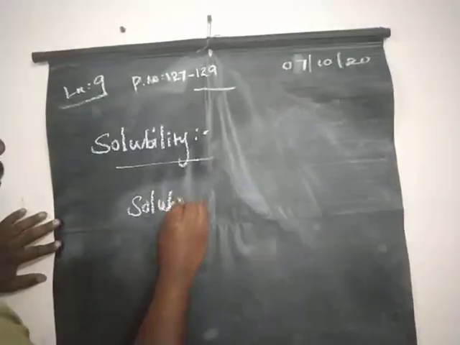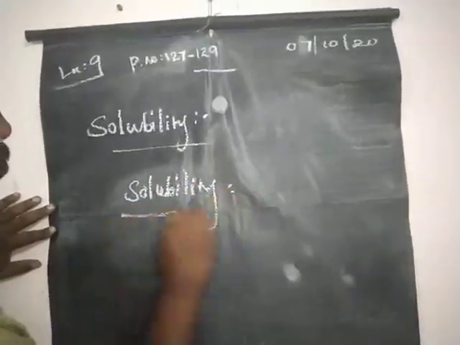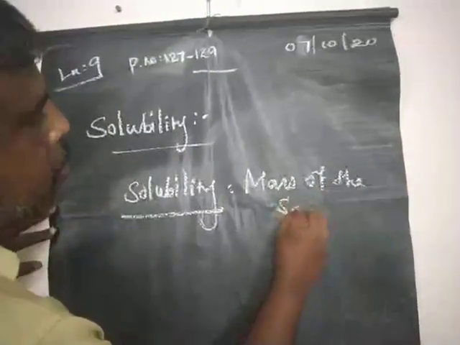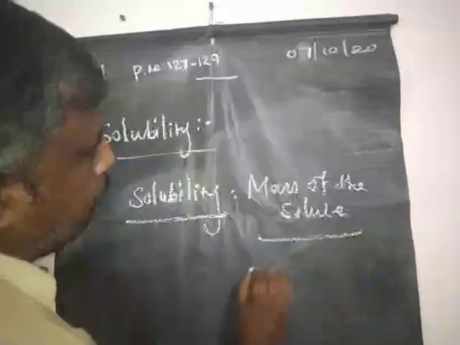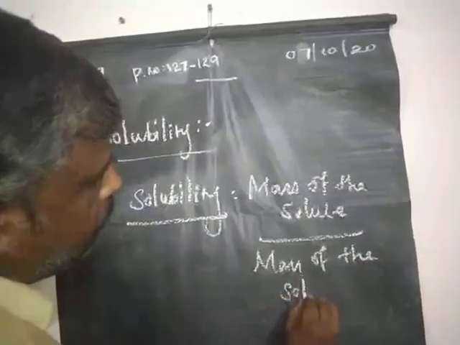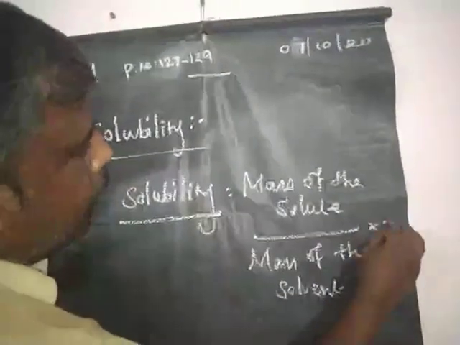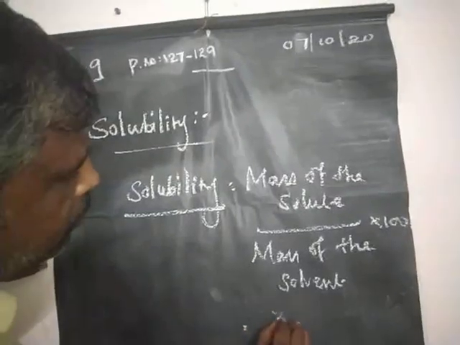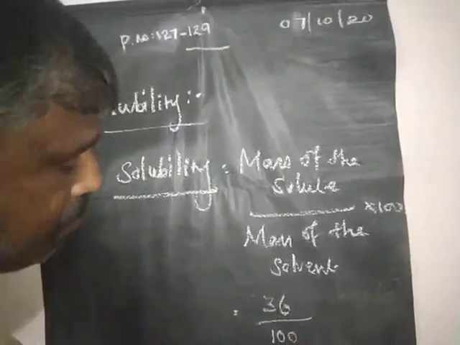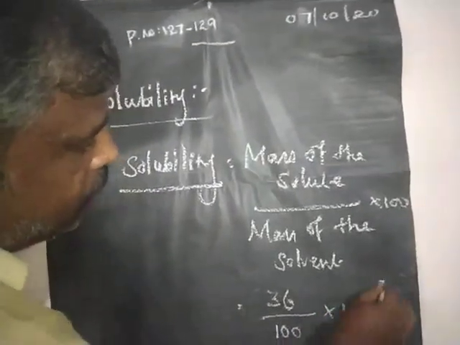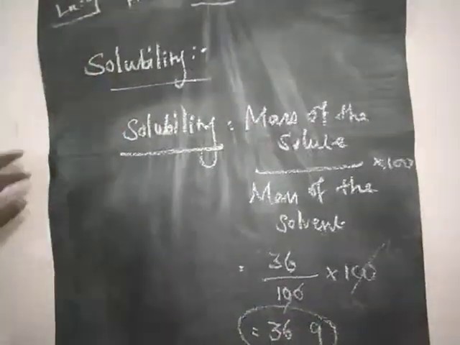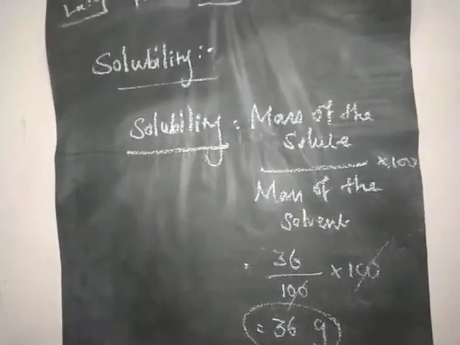Solubility is equal to mass of the solute divided by mass of the solvent, into 100. For example, 36 gram of sodium chloride dissolved in 100 gram of solvent, into 100. So automatically it gets cancelled. What is the answer? 36 gram. In this way we have to find out the solubility of a particular substance.